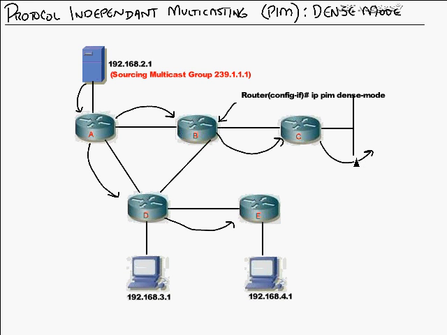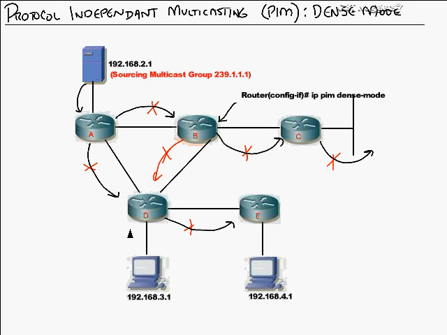For example, router C might say, you know what, I'm not getting any clients on this network requesting that stream. So I don't need to receive that stream. And router B will say, you know what, I'm not getting any requests either. So you see what's going to happen is they will all begin to start pruning that network back one branch at a time until finally, if nobody's requesting the stream, it's gone back to router A, and it's just kind of containing that stream inside until one of the clients requests it.